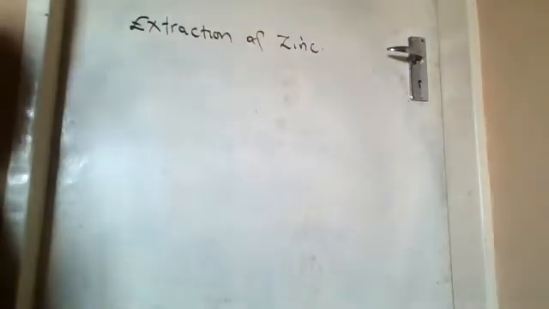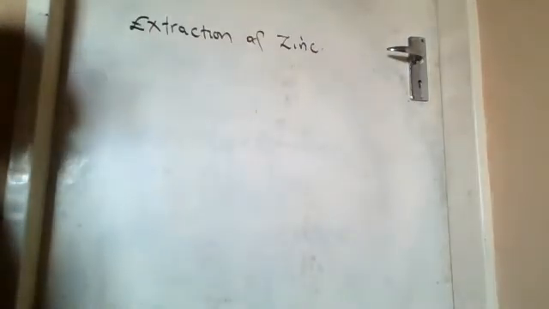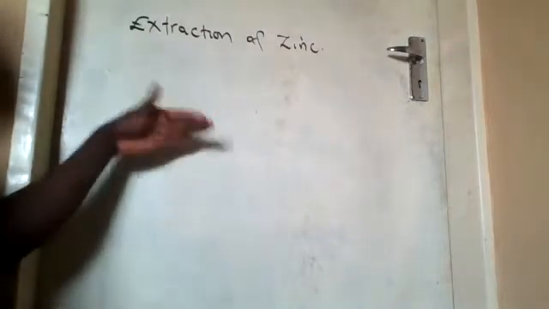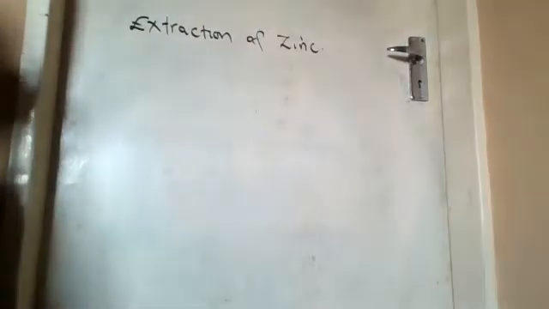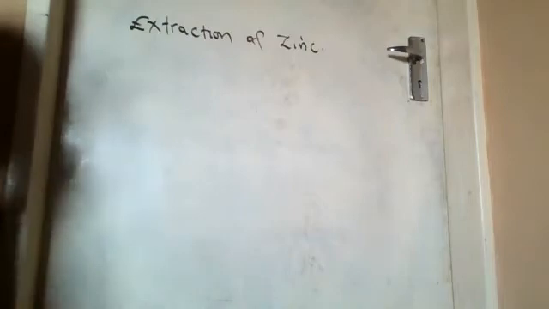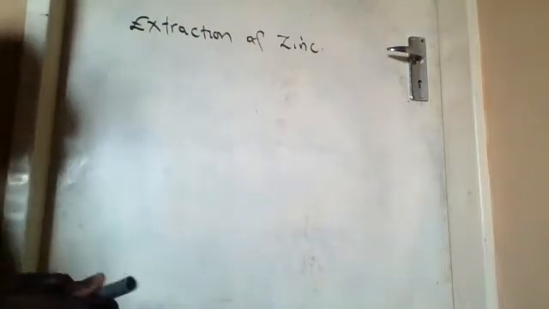And then you have to know which one is the chief ore. Having looked at the chief ore, that's when you can come to the method that is used, and then the general equations that are involved during the extraction. You go down and look at the uses. That's how you start the extraction of metals.